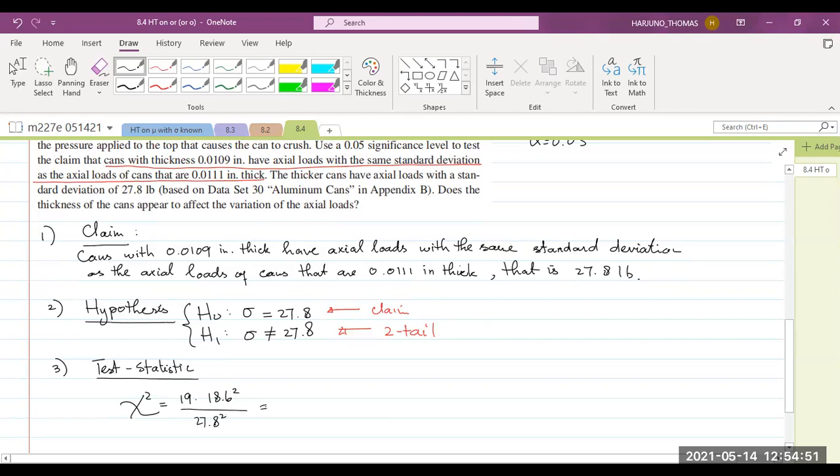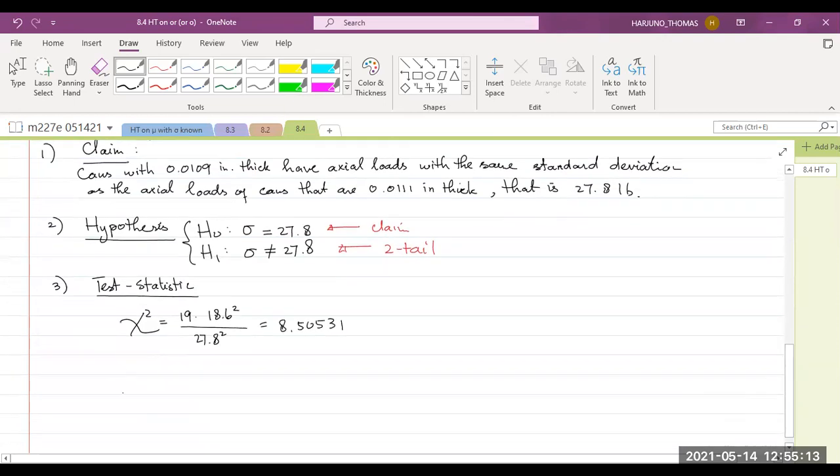Don't forget to square them, because both of them are given as standard deviation. I get 8.50531.